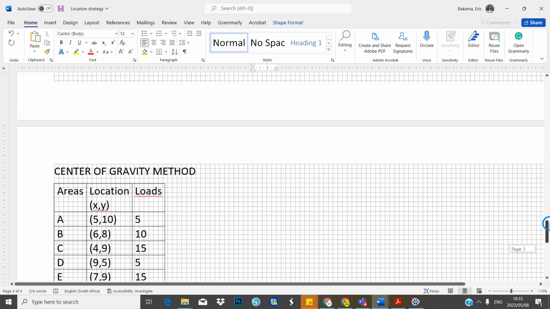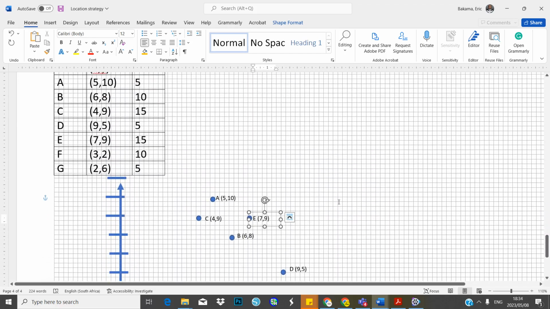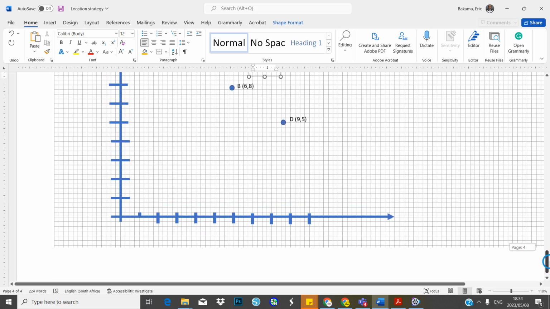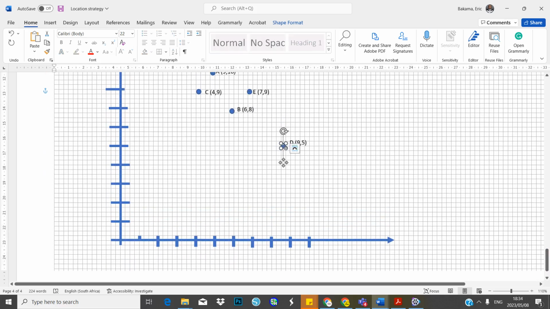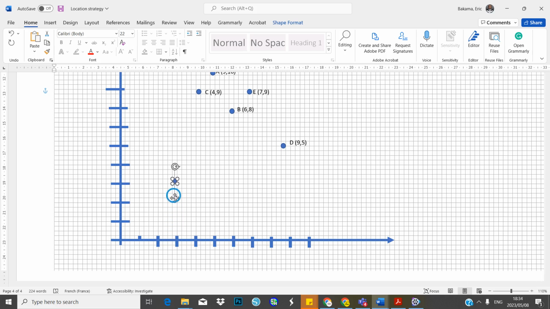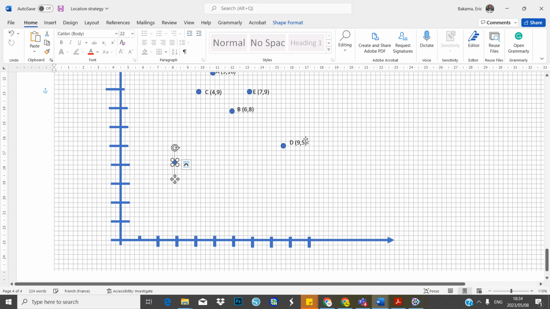Then as we go from E, we have F, which is 3 and 2. So I'm trying to look at my 3 here. 3 is 1, 2, 3. We are here. So 4, then it is 1, 2, 3, 4. So we are sitting here. Okay, try to put it like this.